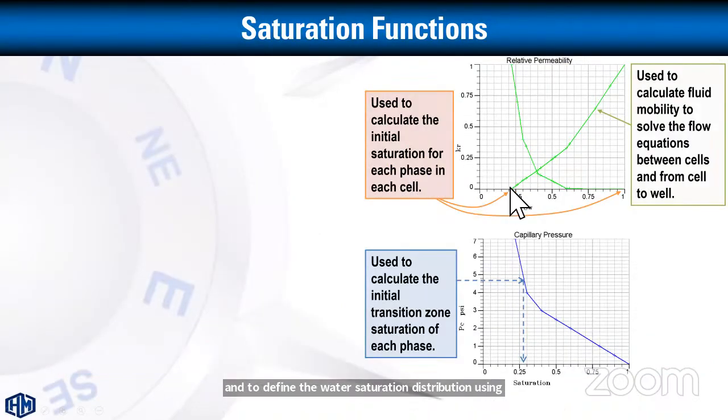So these endpoints will be used to calculate the initial saturation for each phase in each grid block, and from the capillary pressure curve, at any value of capillary pressure you can identify the corresponding water saturation, as you can see.